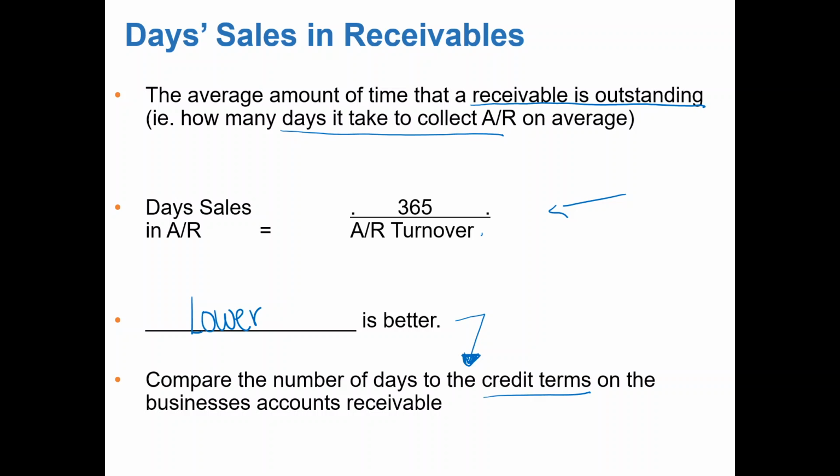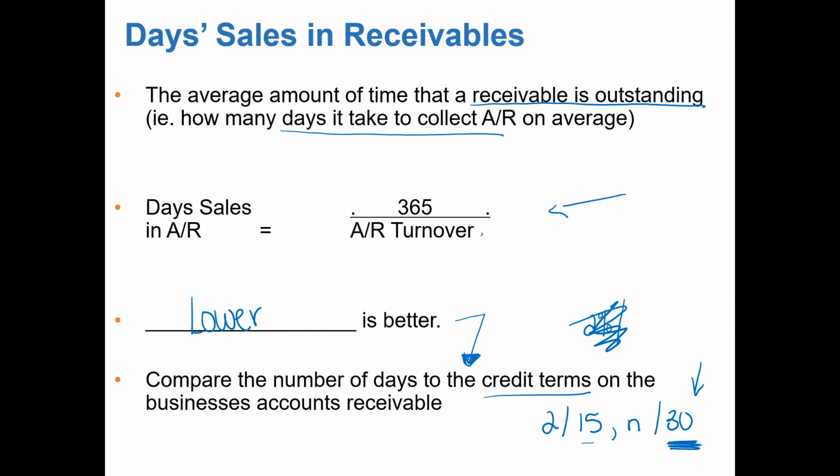If you remember back to the inventory chapter, when we sold on account, we had a 2% discount, 2/15 let's say, and then net 30. So they get a 2% discount if it's paid within 15 days, but overall it's due in 30.